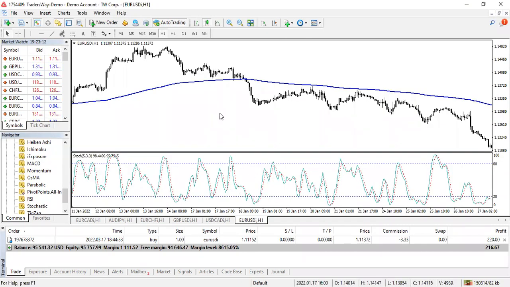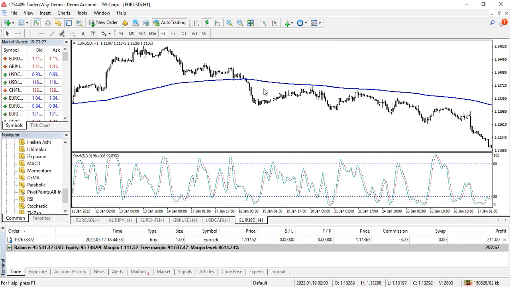So let's assume this is the only strategy I can use to enter a trade. And I want to use this particular strategy. This is how to backtest if this strategy is actually working or not.